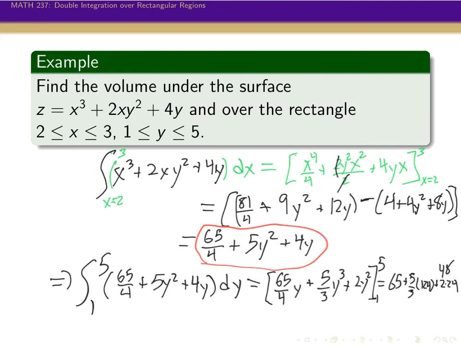So we did this all in terms of integrating in terms of x first and then integrating in terms of y. What happens if we reverse this? So let's clear this out and let's think about doing this the other way first.